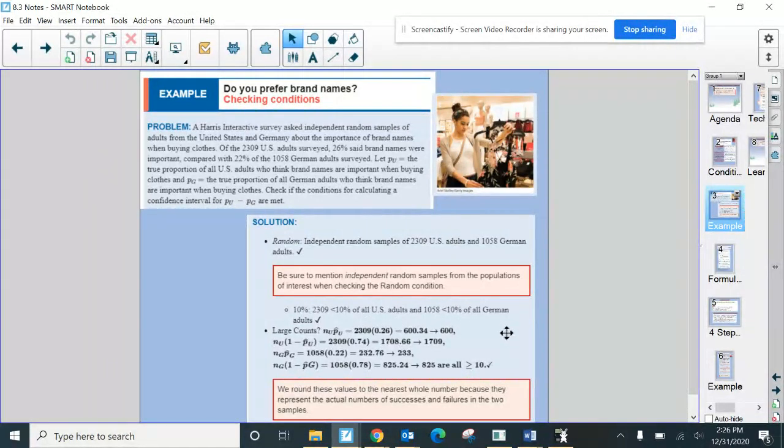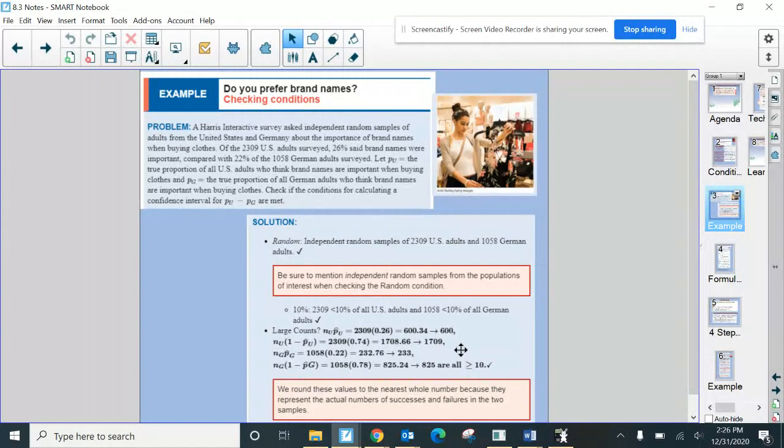Then checking large counts. We want to check that n times p hat is greater than or equal to 10 for each of our counts. Successes, so n. For our first sample, we have 2,309 U.S. adults surveyed, and 26% said that they were important, so that would be approximately 600 adults. And then when we take 600 away from the 2,309, we have 1,709 for n times 1 minus p.